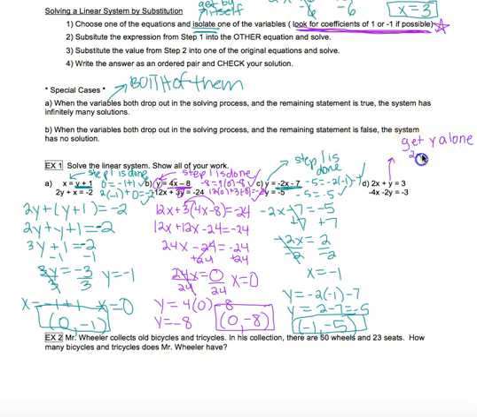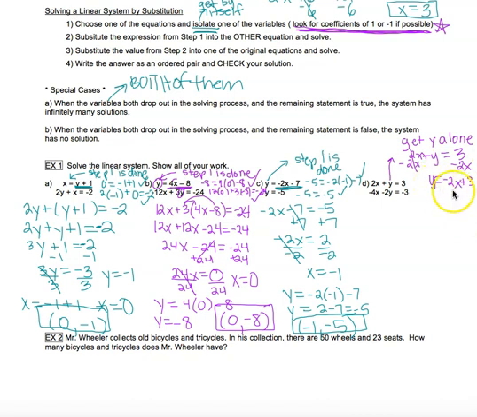So the original equation, 2x plus y equals 3. If I want y by itself, I need to get rid of this 2x. So minus 2x, minus 2x. Those go away. So then I have y equals negative 2x, and then this 3 is positive, so plus 3.